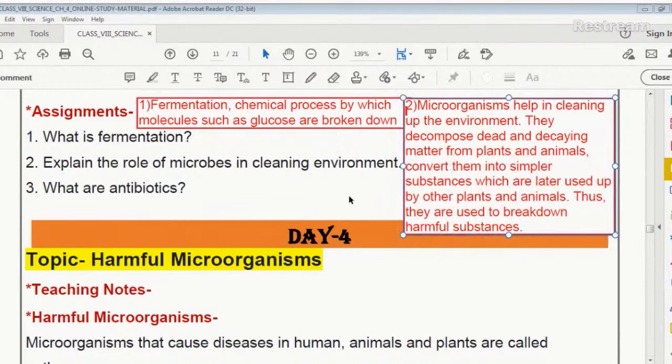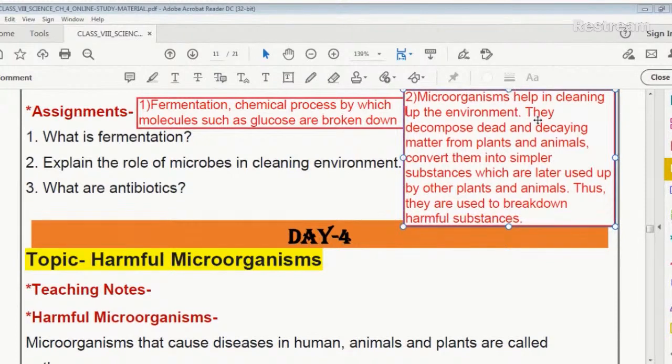Here it is. This is number two. Next, what are antibiotics?